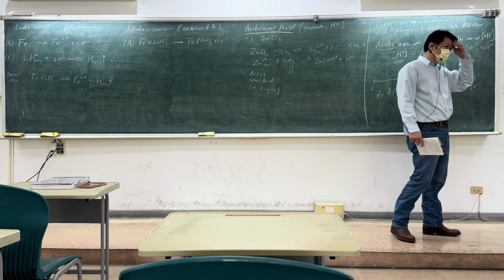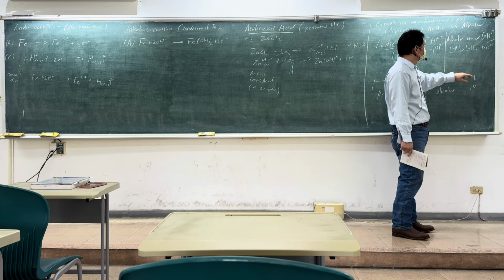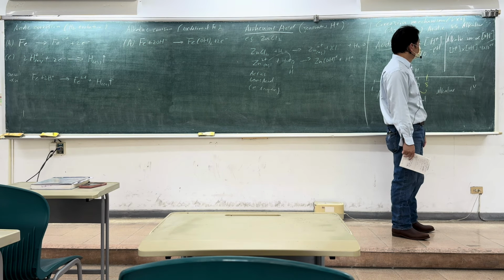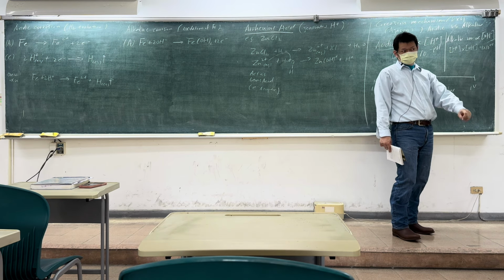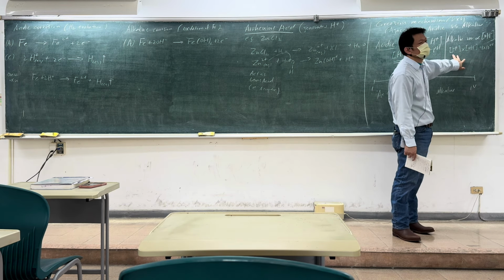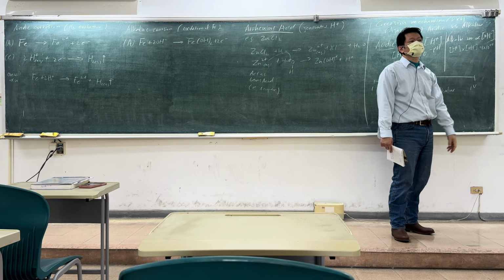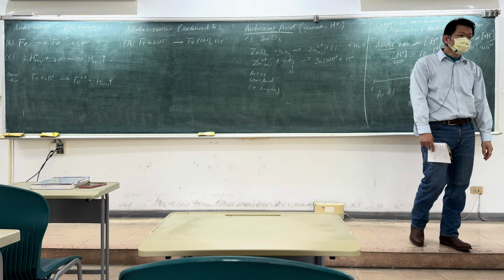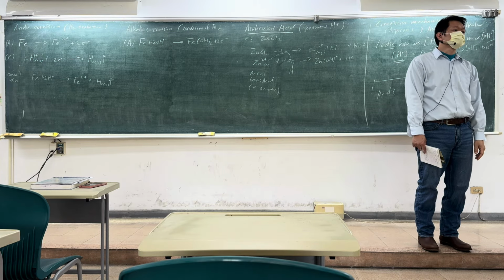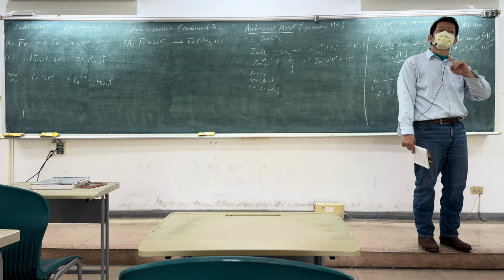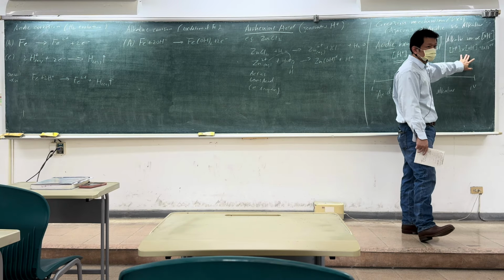But anyway, they should add up to 1. The concentration of H+ and the concentration of OH- in 1 liter of solution should add up to 1 mole, at the most.